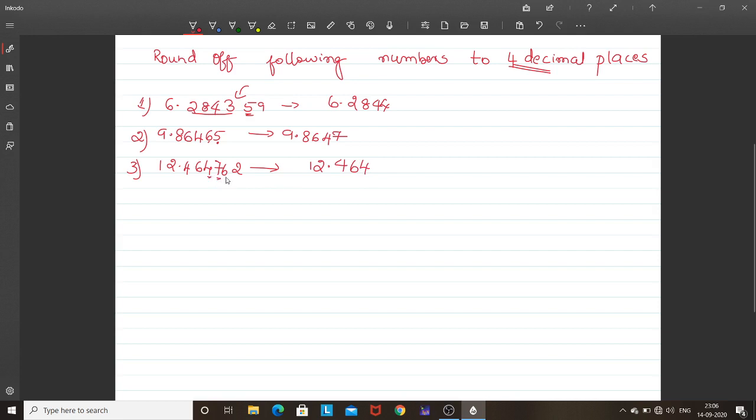After the 7 you have 6, which is greater than 5, so you increase the 4th digit in the decimal place by 1, and it becomes 8. This is your answer. Very nice.